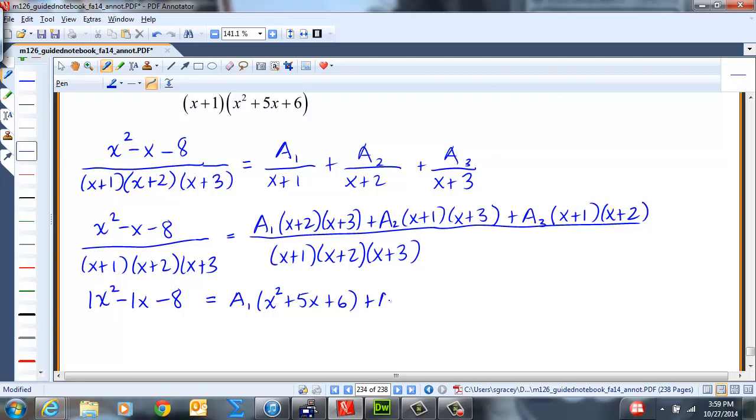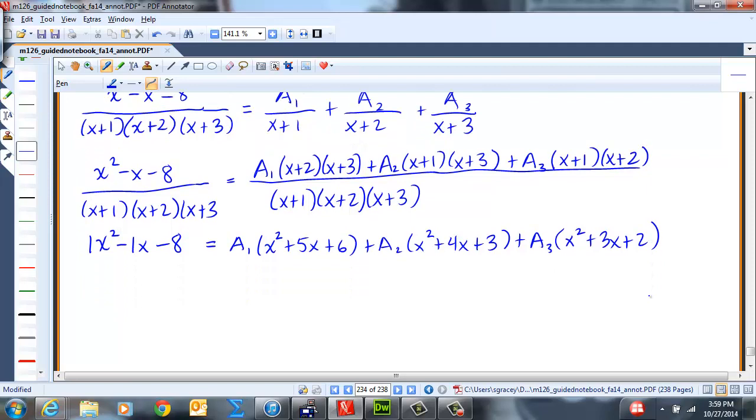And then a2 is going to be multiplied to x squared plus 4x plus 3. And a3 will be multiplied to x squared plus 3x plus 2. Okay, so far? Awesome.